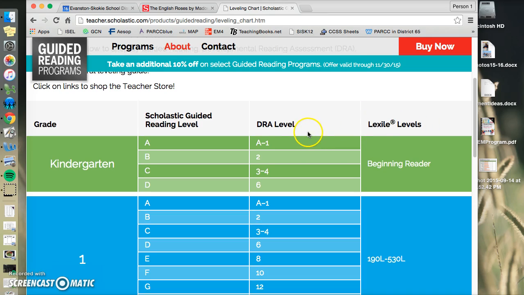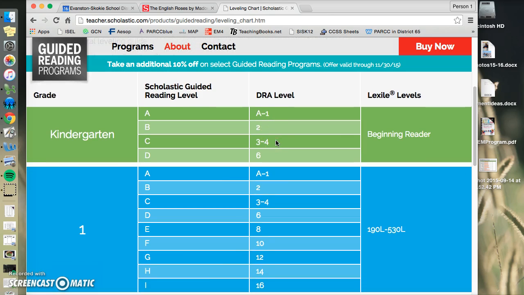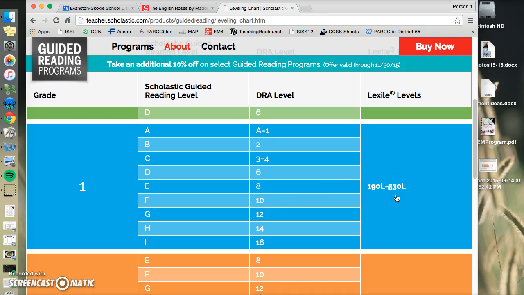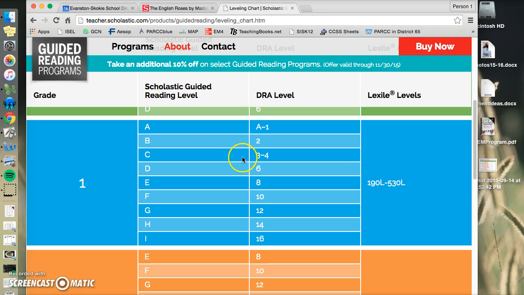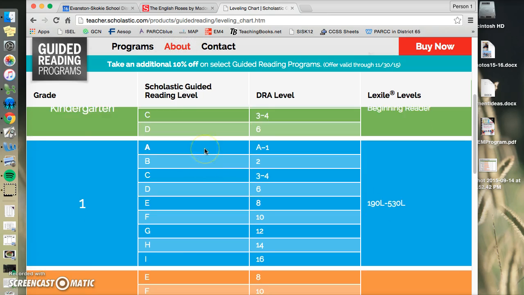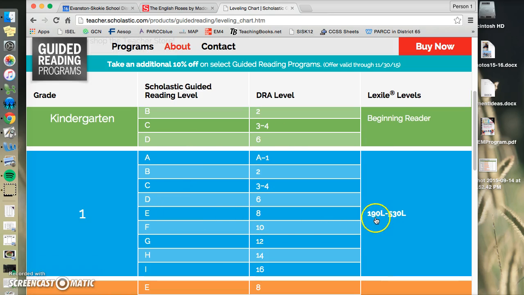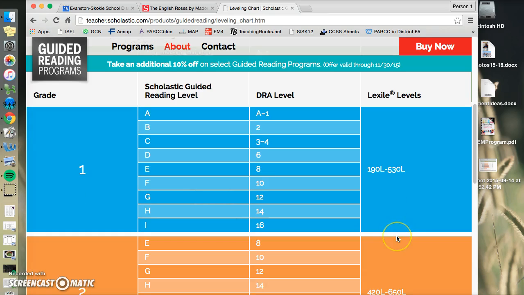In the younger grades, DRA is a more often given assessment. First grade, we can be anywhere from A to I. Any of these would be considered on grade level, more or less. Now in first grade, we can see a Lexile level starting to pop up. So I would assume that level A, actually, since DRA stops here in its beginning, I would guess level E is somewhere around 190, and level I is somewhere around 530.